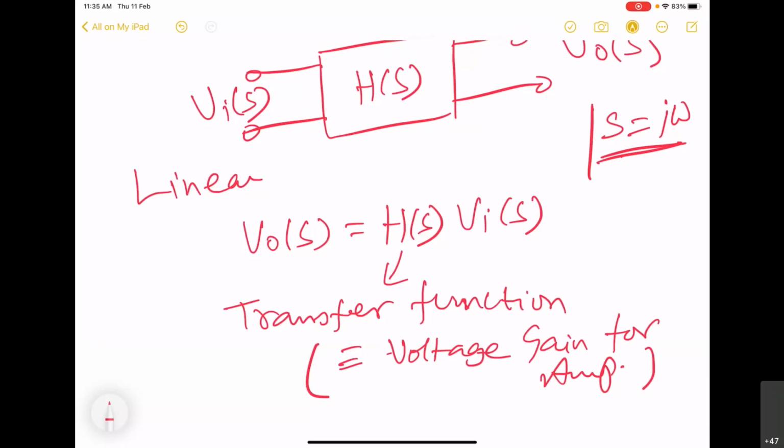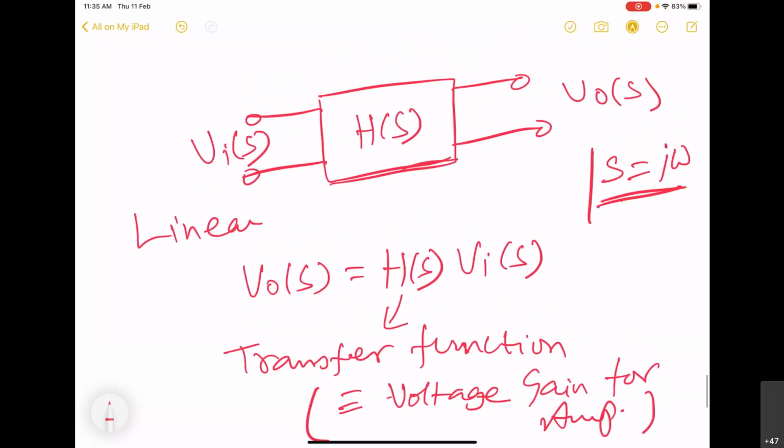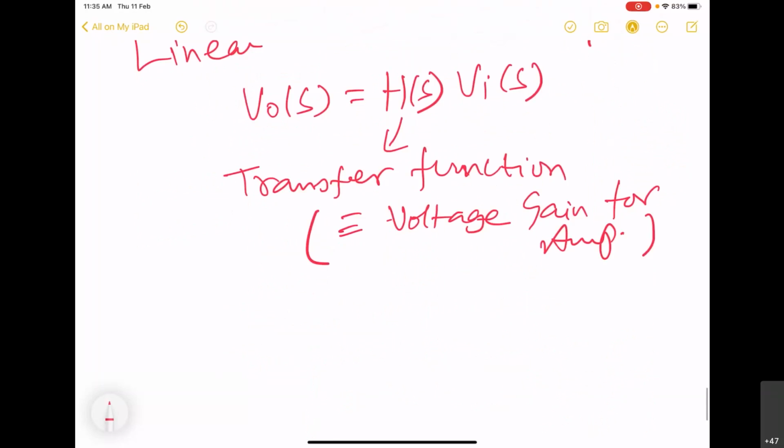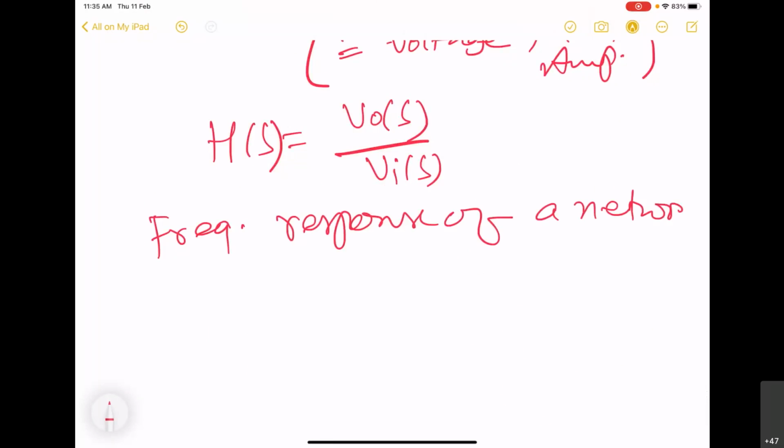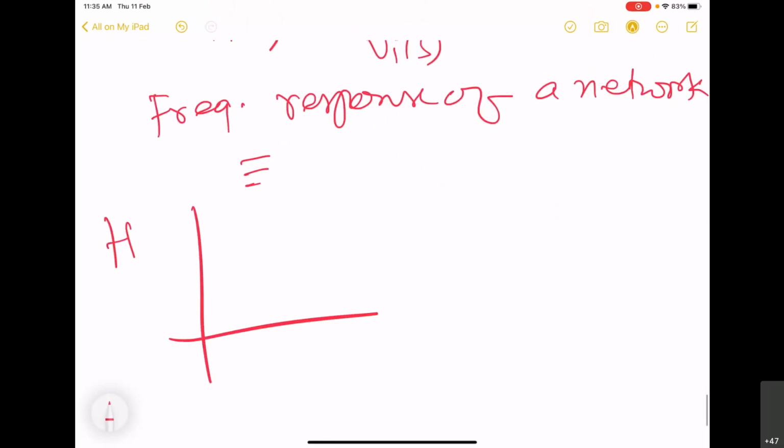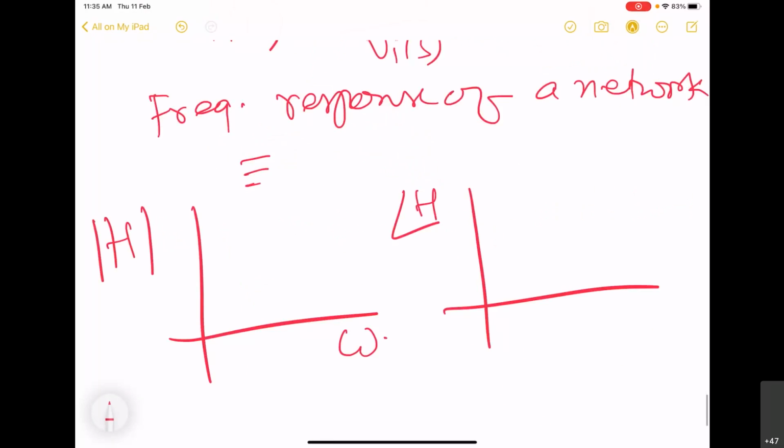So the frequency response of any network can be discussed. And when we discuss the frequency response of a network, we basically discuss the plot of this H(s). Right. So frequency response of a network implies again these two plots: the magnitude plot of the transfer function with respect to frequency and the phase plot of the network with respect to frequency.